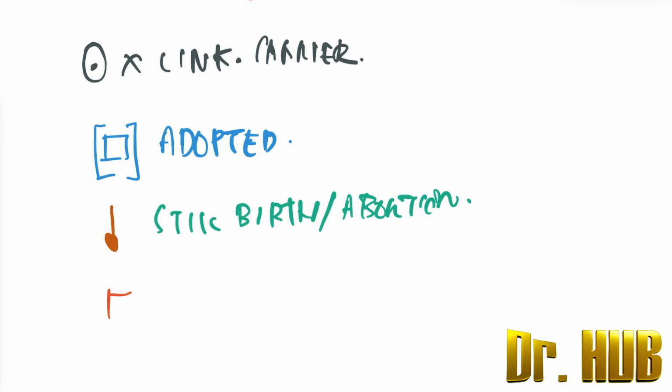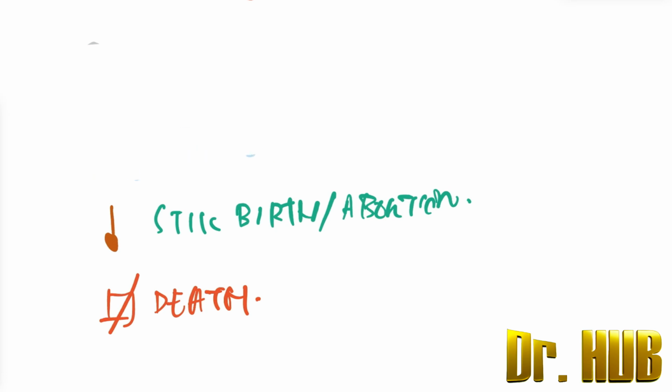Next is how to represent death. So death is when you draw a square and you put a line across. This means death. So you strike the diagram, that is death. Then we look at the proposita. So what is proposita? It is a female person of reference.